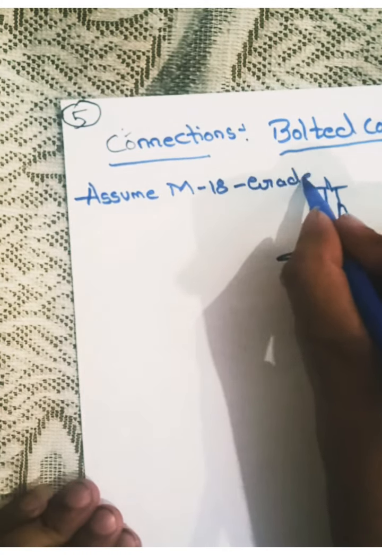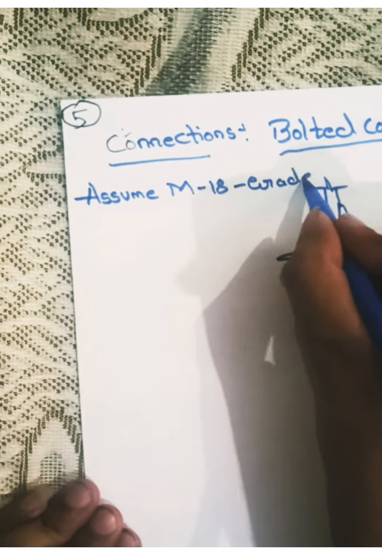These are the things required in finding the shear strength of the bolt. In case of bearing strength, we require the thickness in bearing, so the thickness will be the summation of all the thicknesses bearing in the same direction. We have two angles here. This is 10 mm, this is 10 mm, and this is 10 mm. All these three are 10 mm.